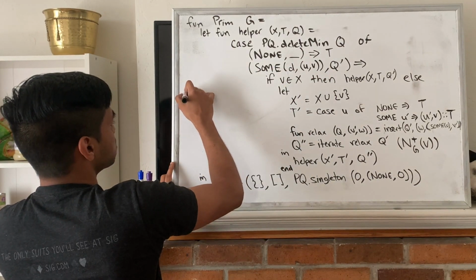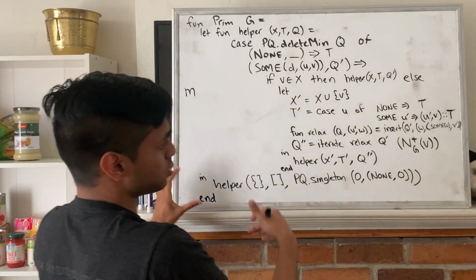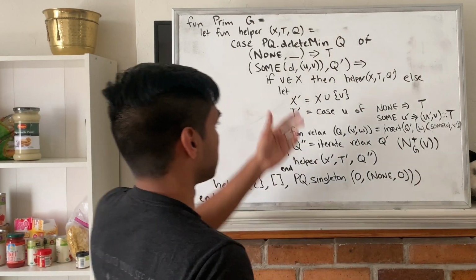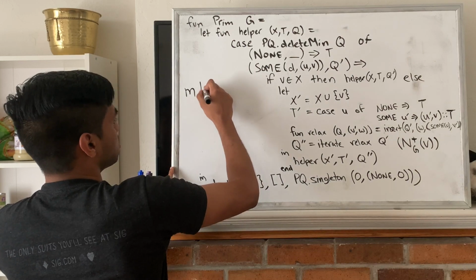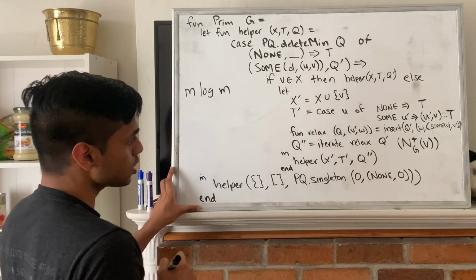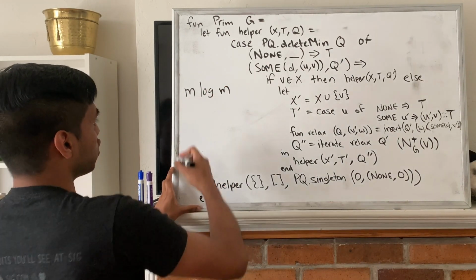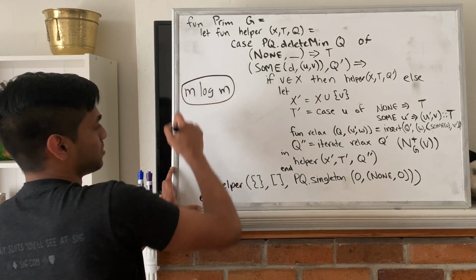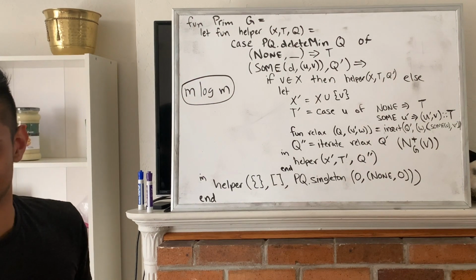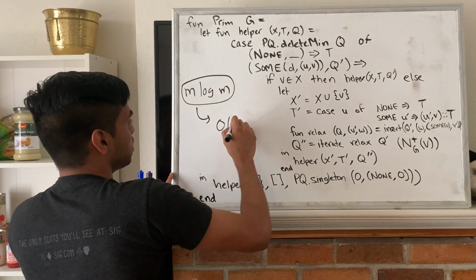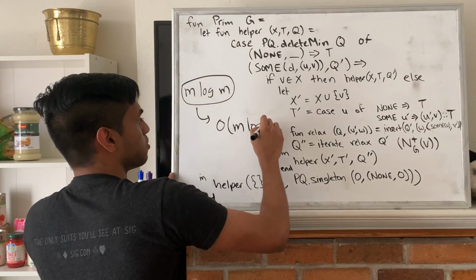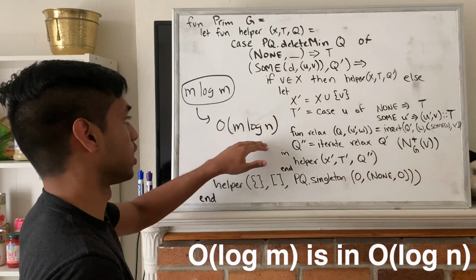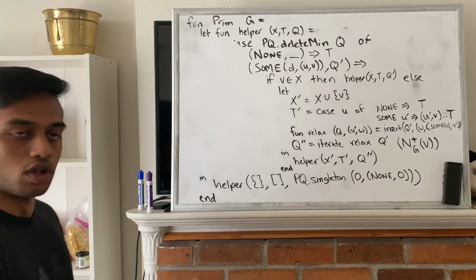And in each iteration, we're going to do logarithmic work with respect to M, or the number of edges. So we have a total big O of M log M. And this simplifies to big O of M log N, because we know that log M is in O of log N. Cool.